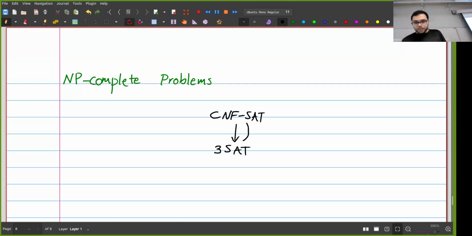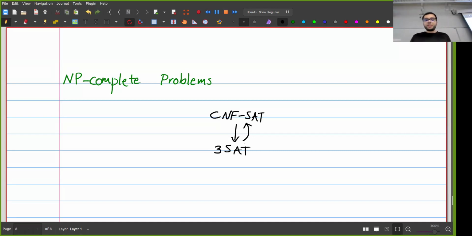So this reduction basically shows that these two problems have the same hardness. If you have a polynomial time algorithm for one of them, you have a polynomial time algorithm for both. And of course, you will also have a polynomial time algorithm for everything in NP. And when I say algorithm, I mean a deterministic algorithm, a deterministic Turing machine.